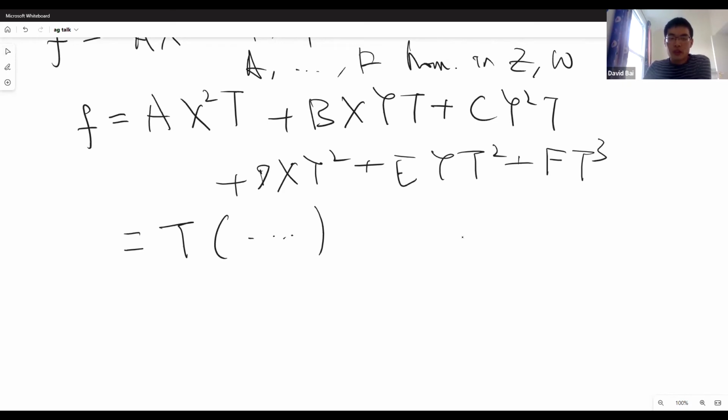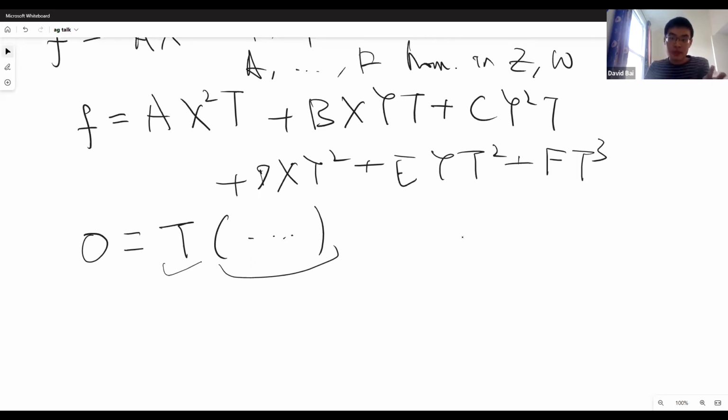And we know that if this is 0, then either t is 0, which gives you a line, and that line is my original line, or this part is 0. So it's three lines if and only if this part, which is a quadratic form, is reducible.